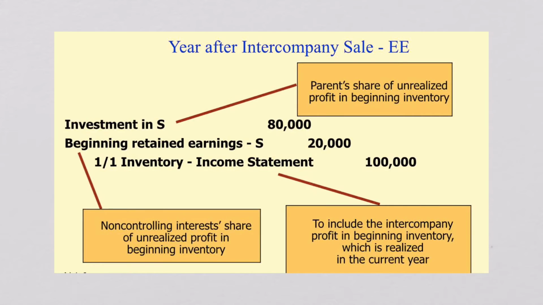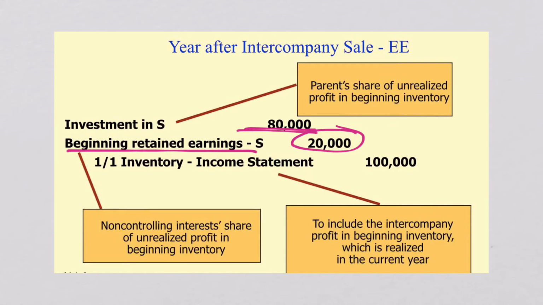Here is the year after, when the deferral of the unrealized profit is being brought back. Notice that the 80,000 belongs to the investment account because that's reversing what the parent did on its books. And here is the difference, the non-controlling interest portion. Many textbooks call it different things.